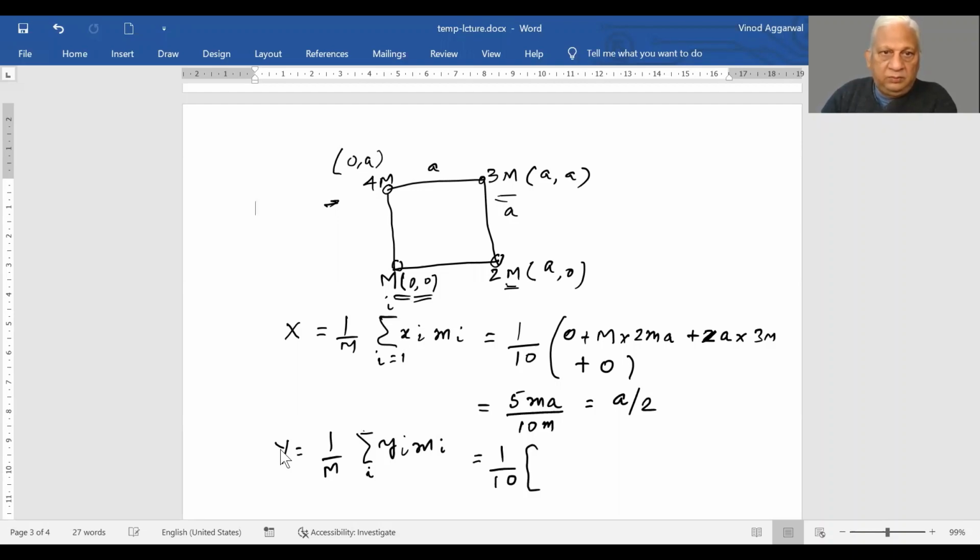For the first component, they are on the x-axis, so their y component is 0. For this one, the y component is a. For this also, the y component is a.